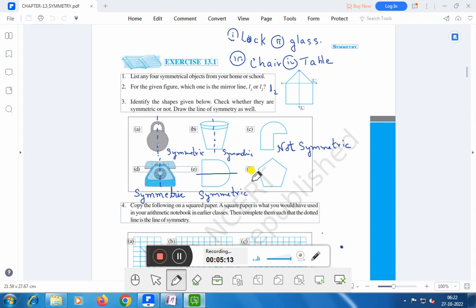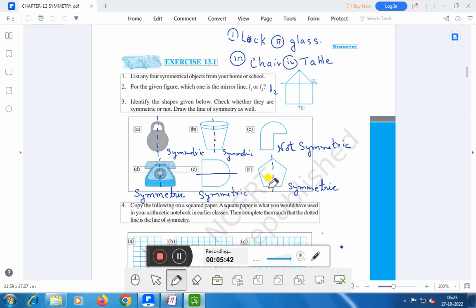Now question F. If we draw a vertical line like this, then it divides the figure into two equal halves, right? Then it is also symmetric.